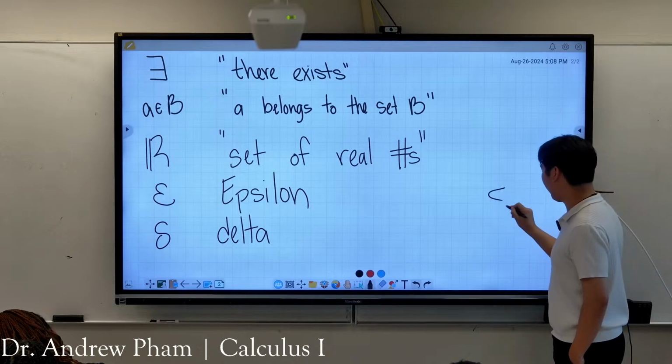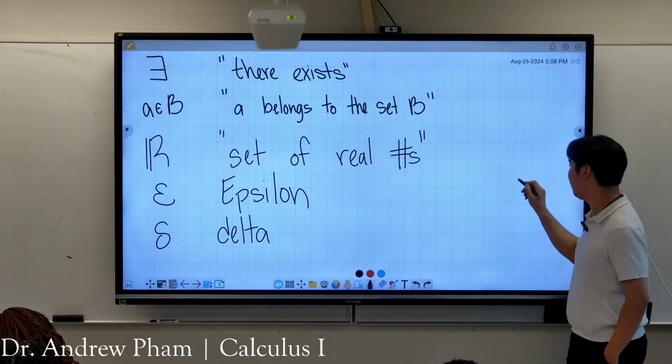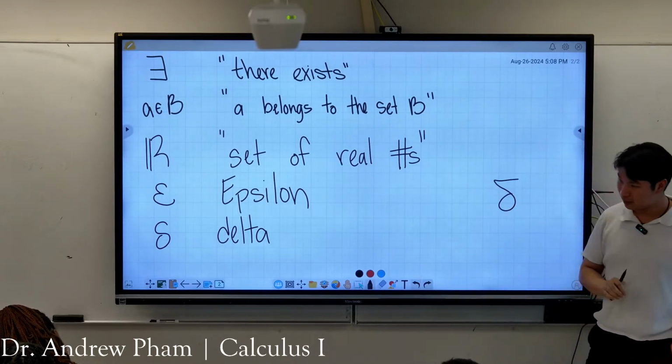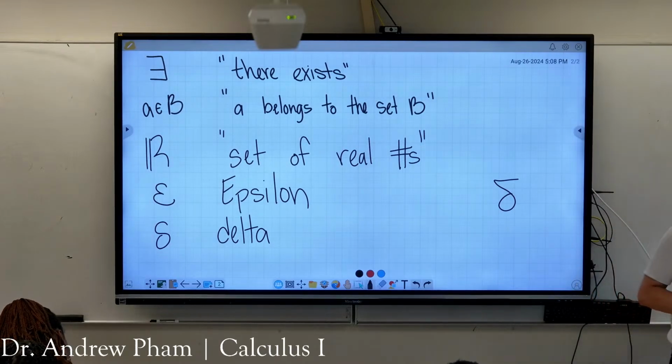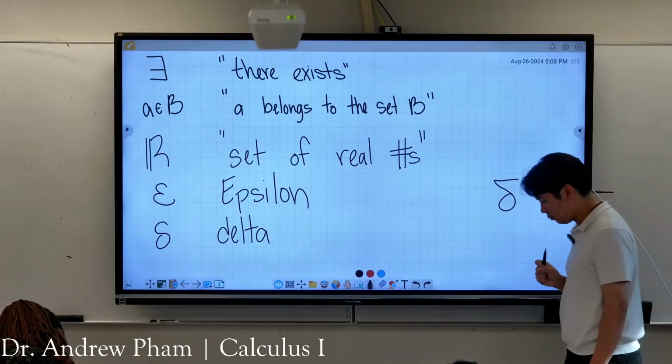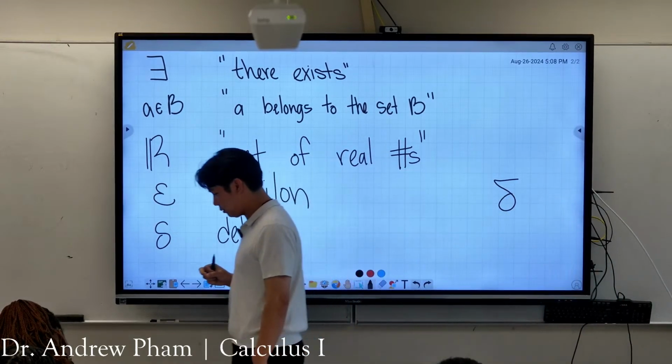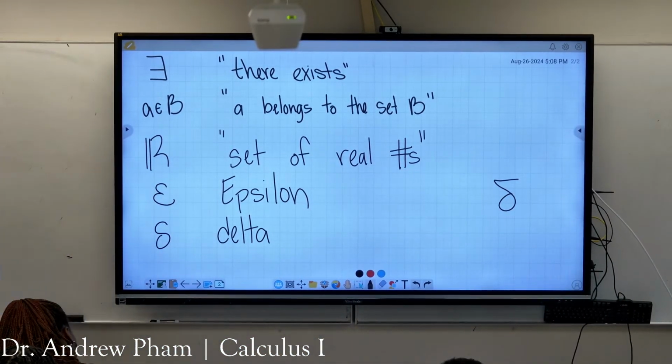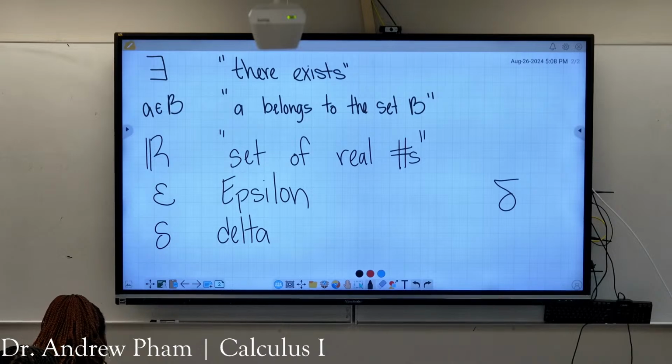Some books write it more like this, where it's a flat line. Same thing, it's a little bit how you prefer to write it. So an epsilon and a delta. So now we have some notation that we're going to use for today. Clearly, there's much more notation theoretically, but these are the ones that we're going to be referring to for the most part.